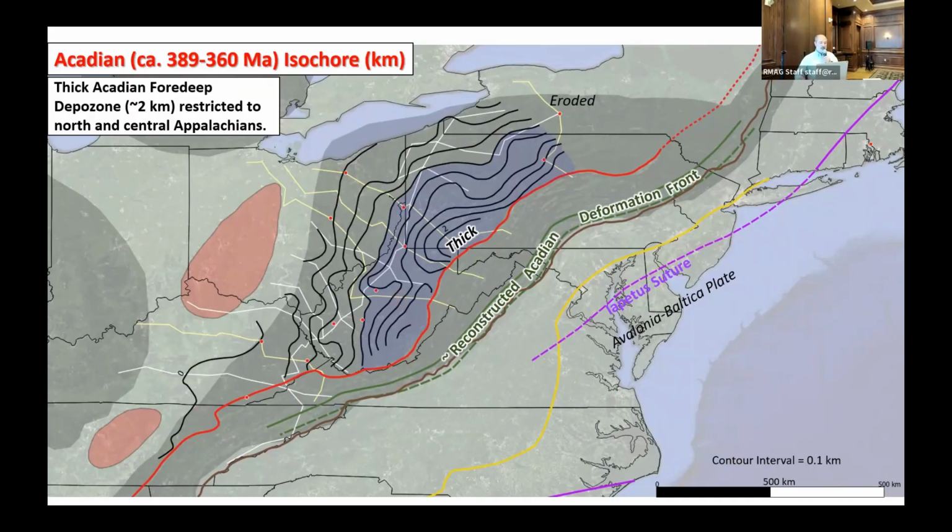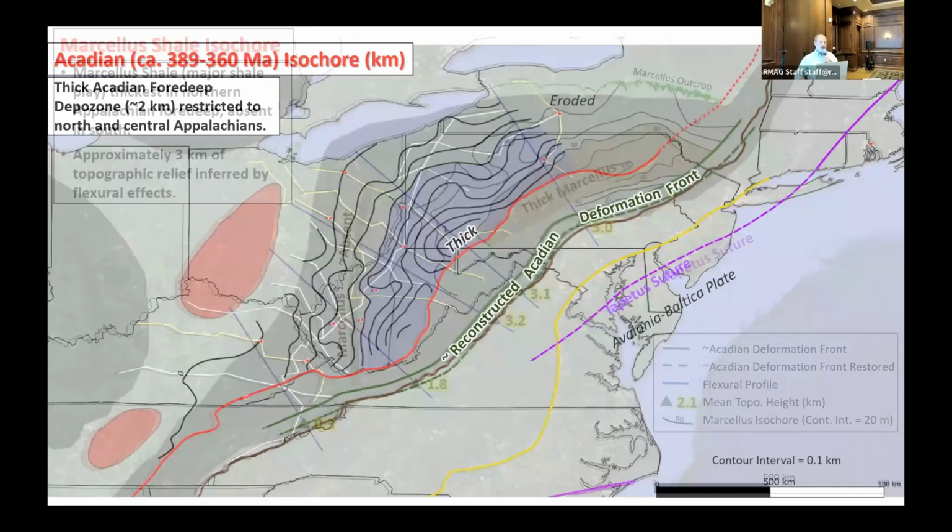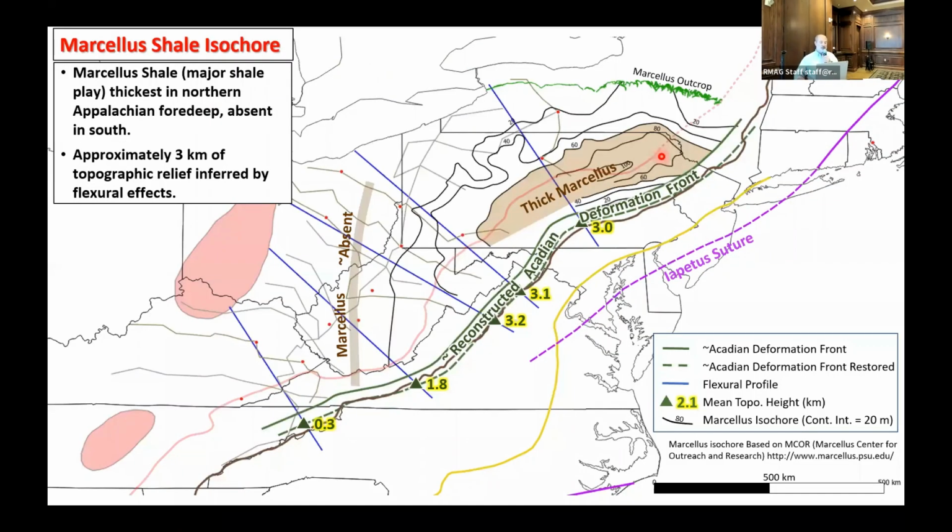And again, we see that the major source rock here, the Marcellus, these are published isochores for Marcellus Shale, and they're located pretty much in the same place. And so this is another example potentially of this source enhancement associated with the initiation of orogenesis and the flexural relief that's developed.